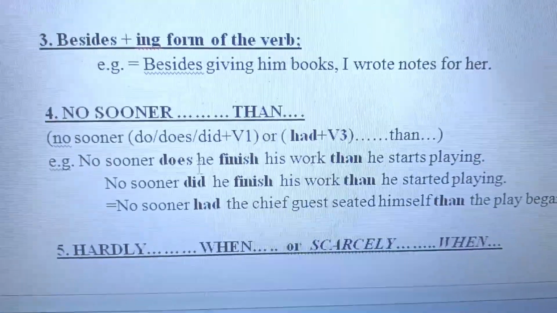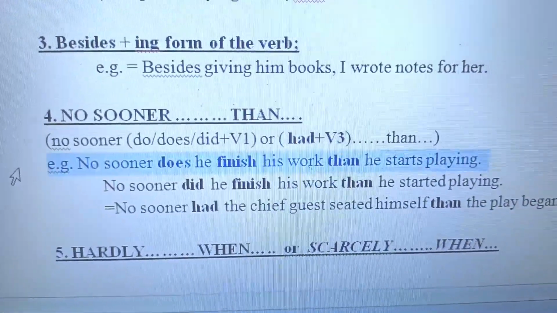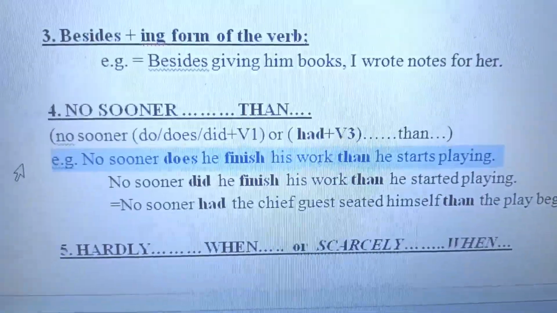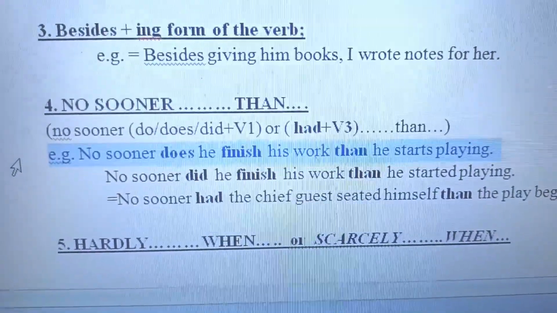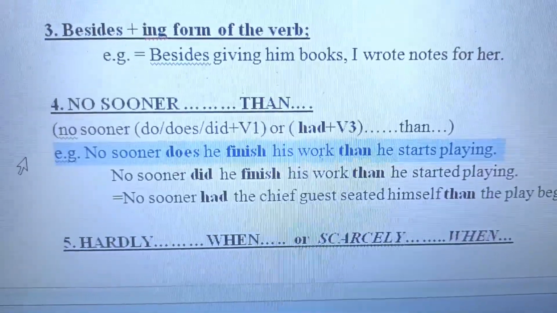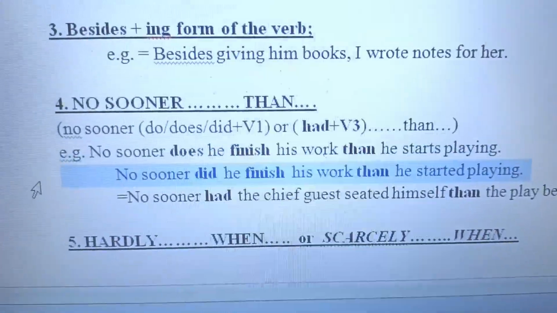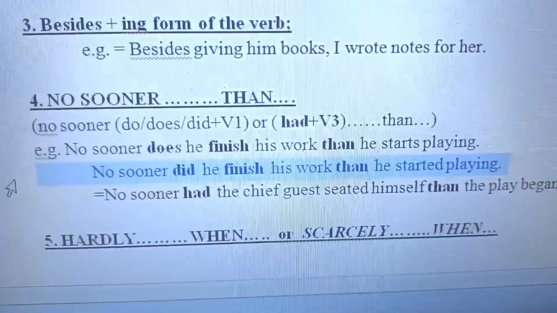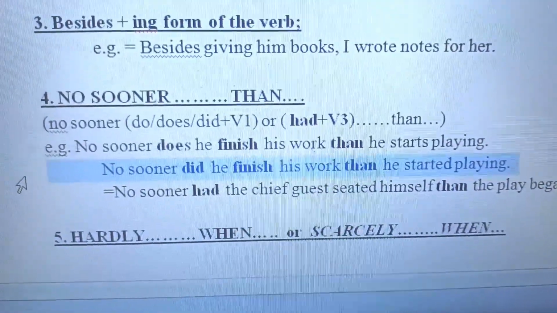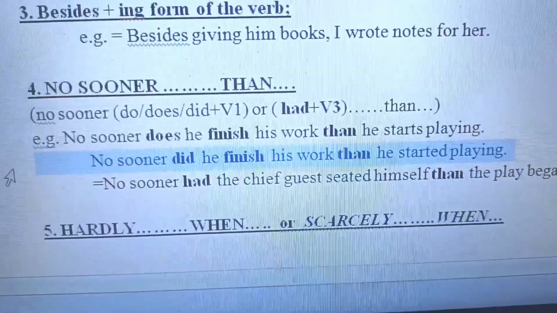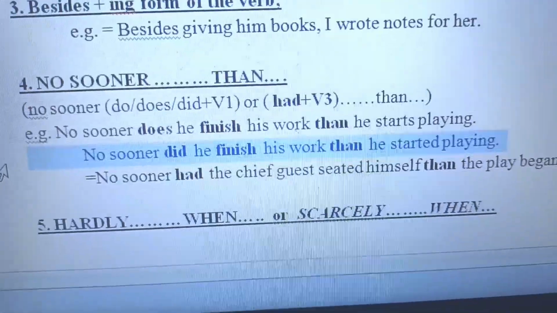So let's see the example. First we'll see about the present tense. So here the example is: no sooner does he finish his work than he starts playing. If it is in past simple tense, then: no sooner did he finish his work than he started playing.